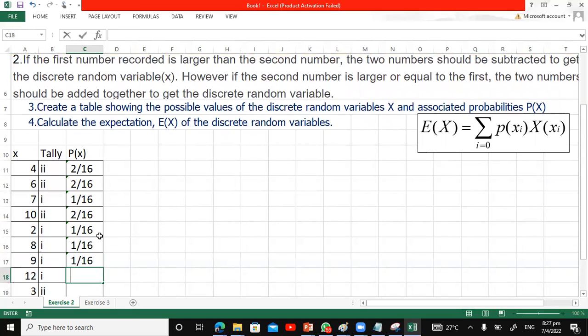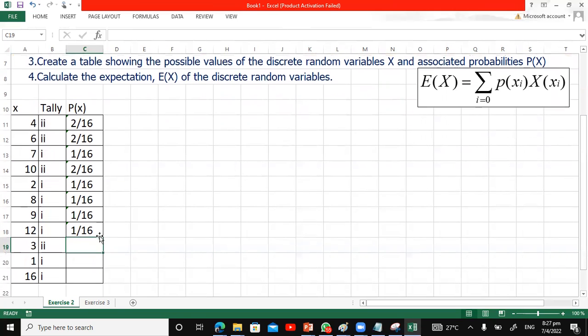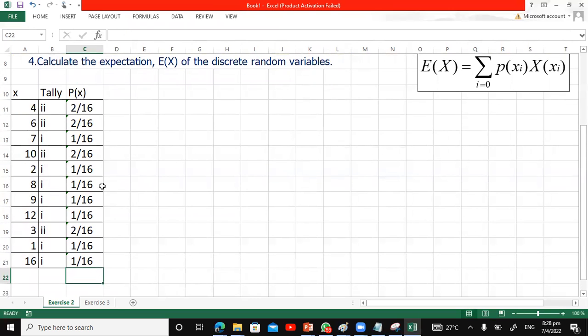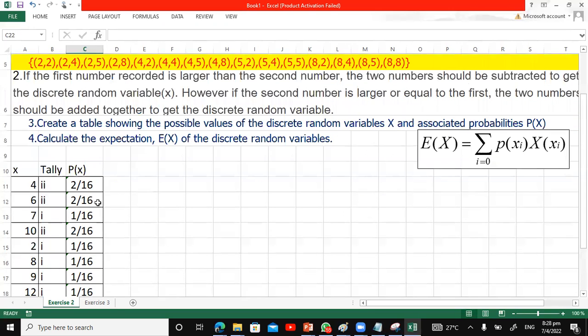Probability of receiving a 12 is going to be 1 out of 16. The probability of receiving 3 is going to be 2 out of 16. Probability of receiving a 1 is going to be 1 out of 16. Probability of receiving a 16 is going to be 1 out of 16. All right, so there it is. So these are the probabilities.